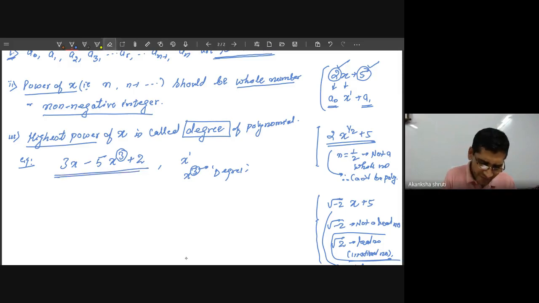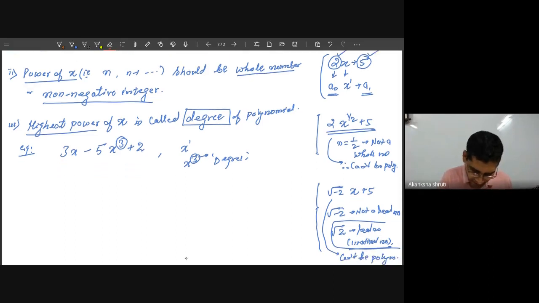Okay, student? Now in this polynomial, this one is called the first term, meaning a number multiplied with a variable gives a term. Even a number not multiplied with a variable is a constant.